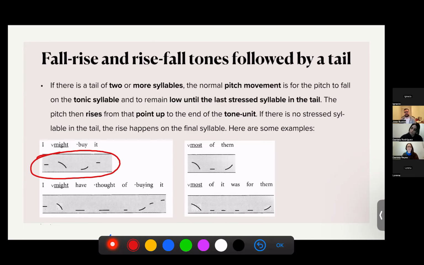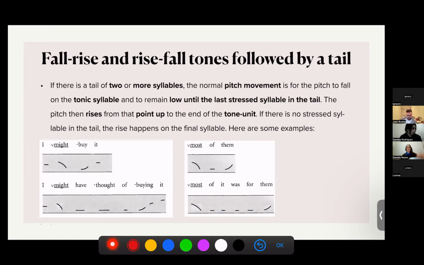I might buy it. So, based on what it says here, the normal pitch movement is for the pitch to fall on the tonic syllable and to remain low until the last stressed syllable in the tail.